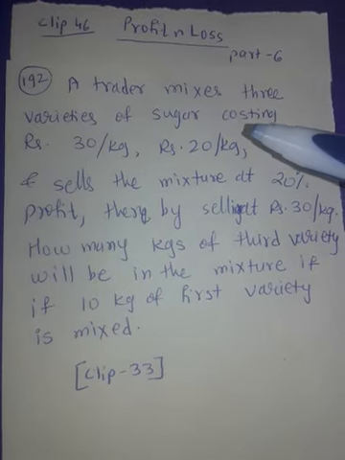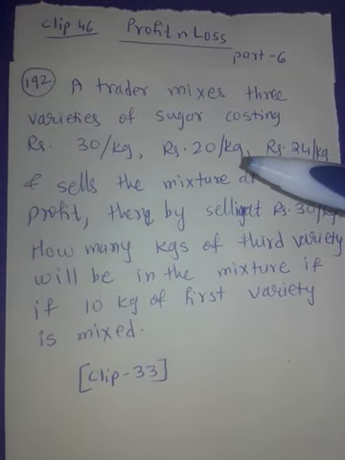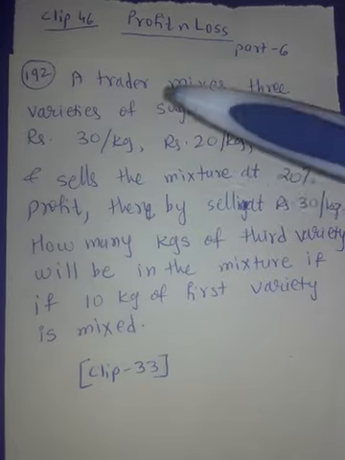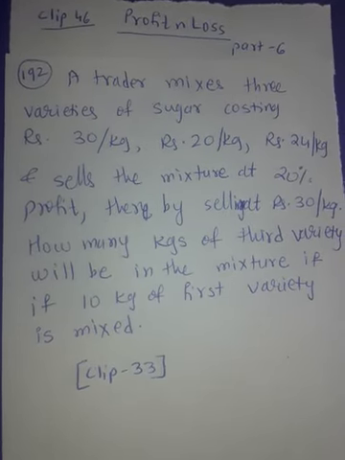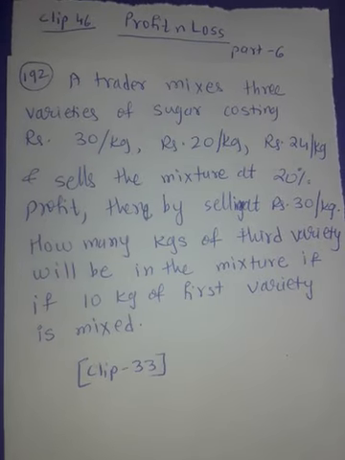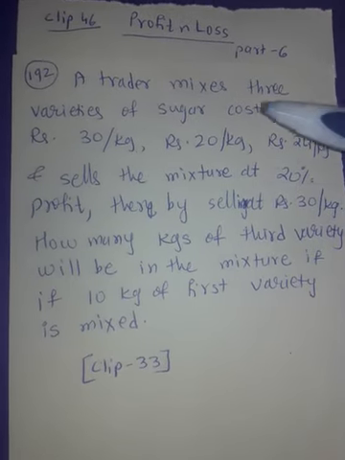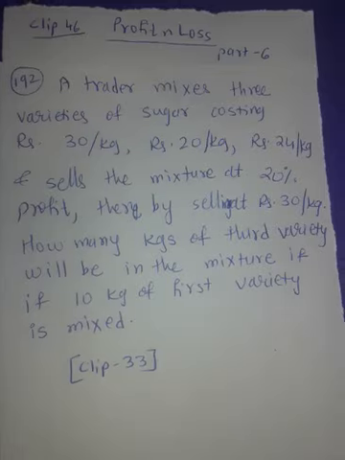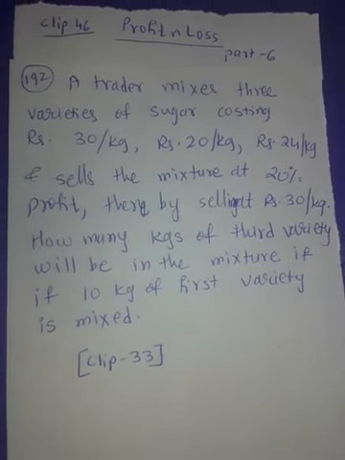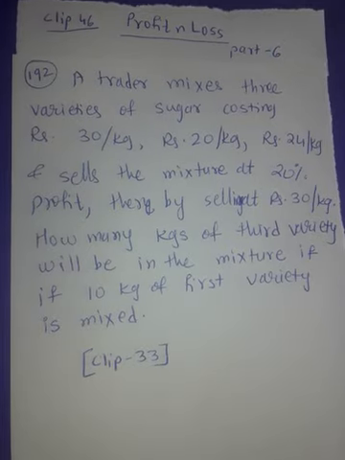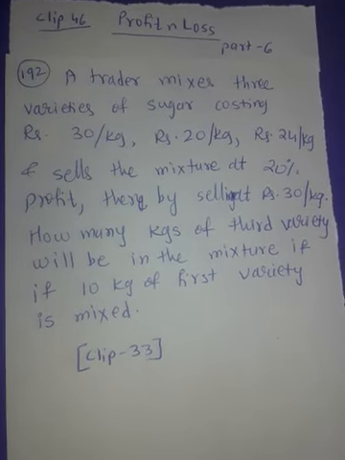So if you watch clips 32, 33 and 45 before this clip, then you will find this clip very easy. And you will learn how to save time during the exam using the alligation rule for profit and loss. So it's my suggestion that you first watch clips 32, 33 and 45. Now let's begin with today's clip.